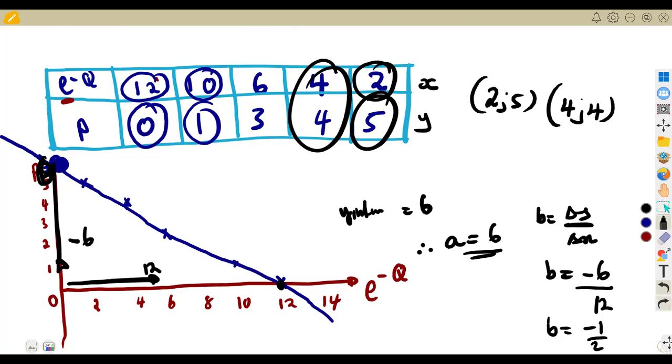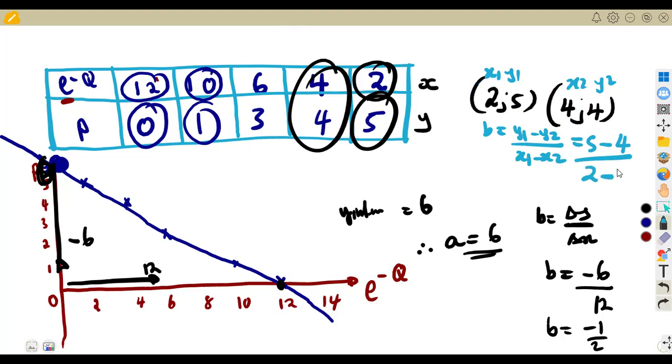Because we know that the gradient is the change in Y over the change in X. X1, Y1, X2, Y2. So B, which is equal to the gradient, the change in Y over the change in X, that is Y1 minus Y2 over X1 minus X2. That is going to be Y1, which is 5, minus Y2, which is 4, over X1, which is 2, minus X2, which is 4.